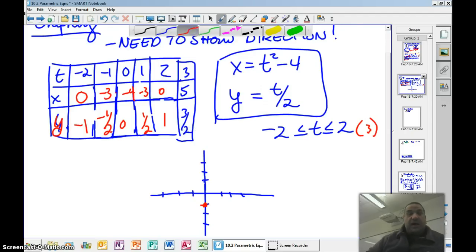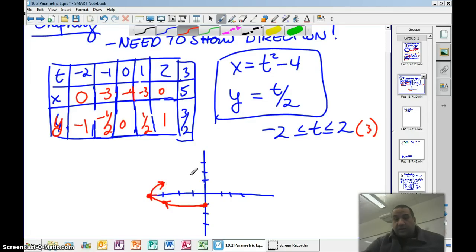So we're going to attempt to graph this. 0, negative 1 is shown. Then my next point is negative 3, negative 1/2. Actually the graph went this way. Then it's at negative 4, 0. Then it's at negative 3, 1/2, about here, coming around.